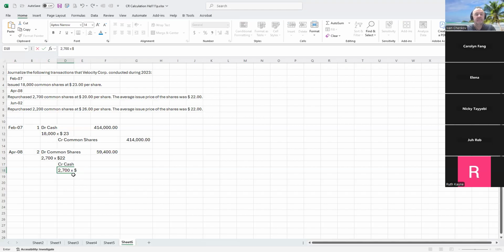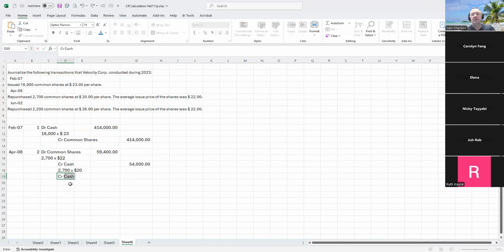How much did we pay? 2,700 times 20. We paid $54,000. Now we're in trouble. Why are we in trouble? Our debit doesn't equal credit. So we have to do something. What do we need, debit or credit? Credit. Let's go with the credit.